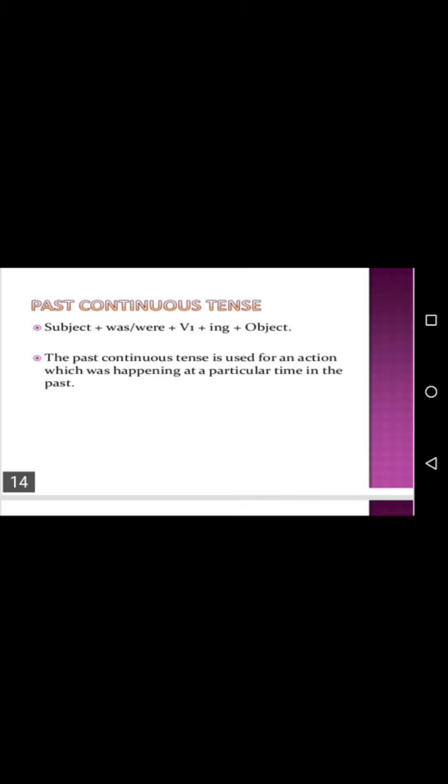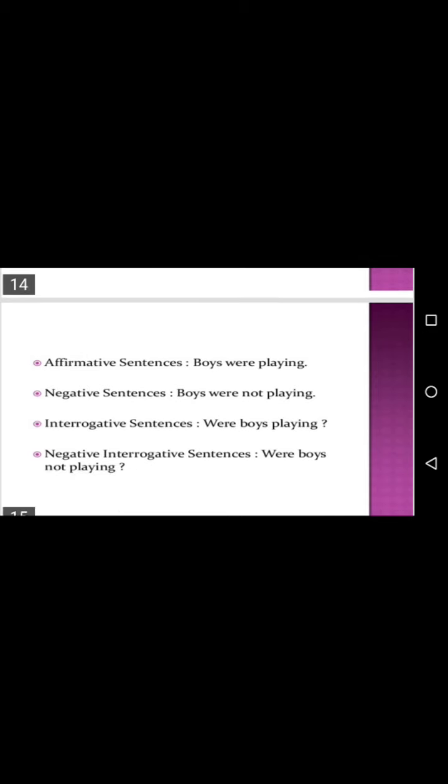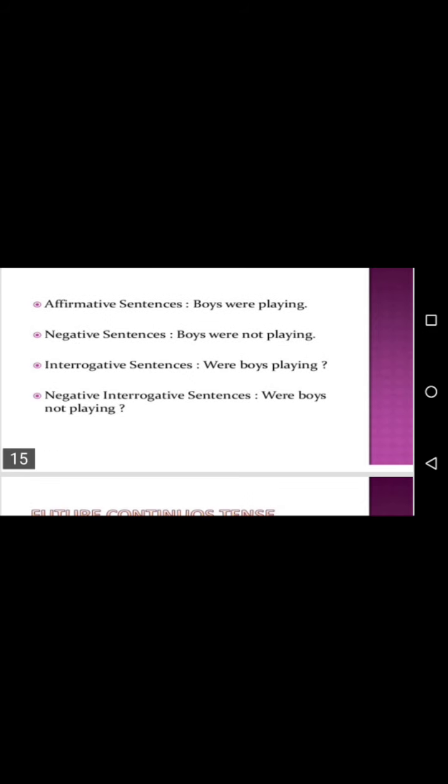And here we are talking about an action which was taking place in the past. It was in continuation. Look at the examples. Boys were playing, boys were not playing, were boys playing, were boys not playing. So here, according to the subject, we have to use the helping verb was or were.